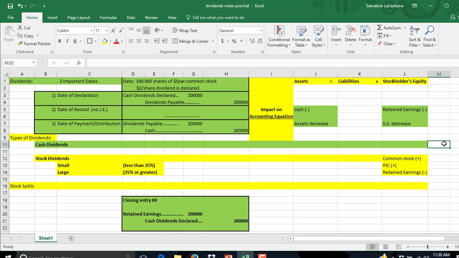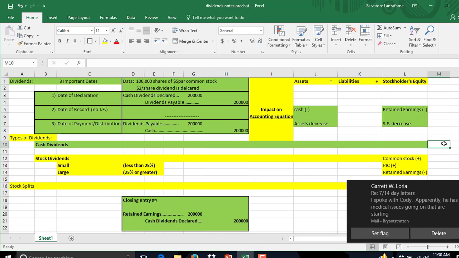They offset each other, but the total remains the same. The total of the stockholders' equity actually goes down when you have a cash dividend. The total remains the same if you have a stock dividend. It's just the components inside the stockholders' equity that are switching amounts that offset each other.